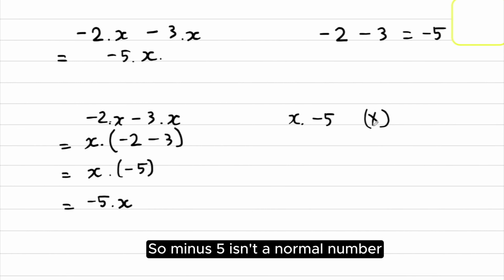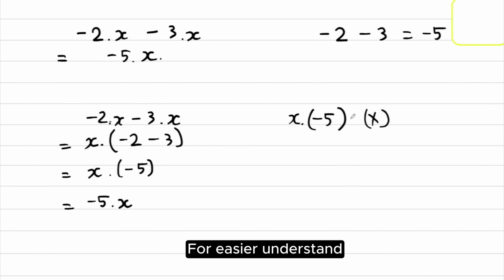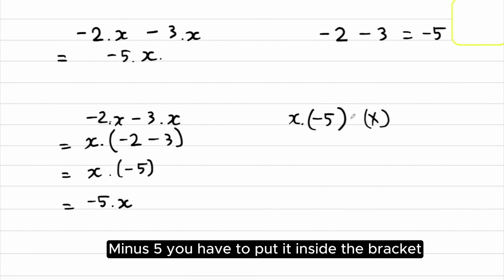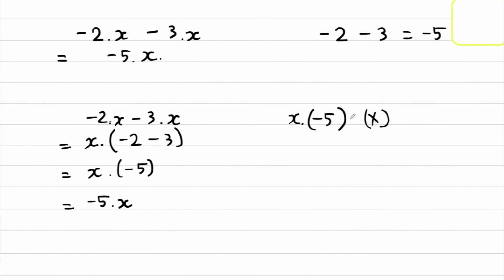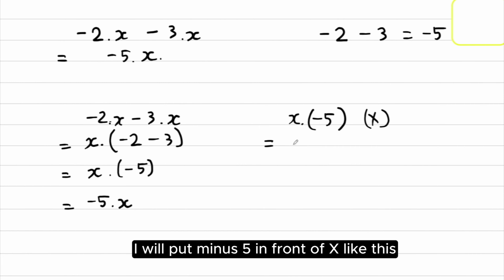Minus 5 isn't a normal number. You have to put it inside the bracket for easier understanding. And then in the next step, I will put minus 5 in front of x like this.